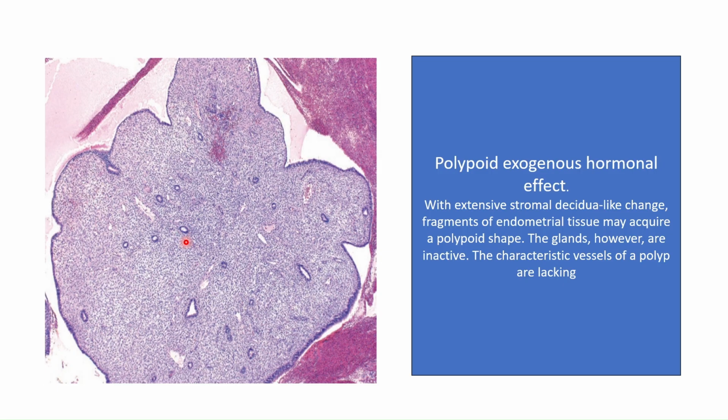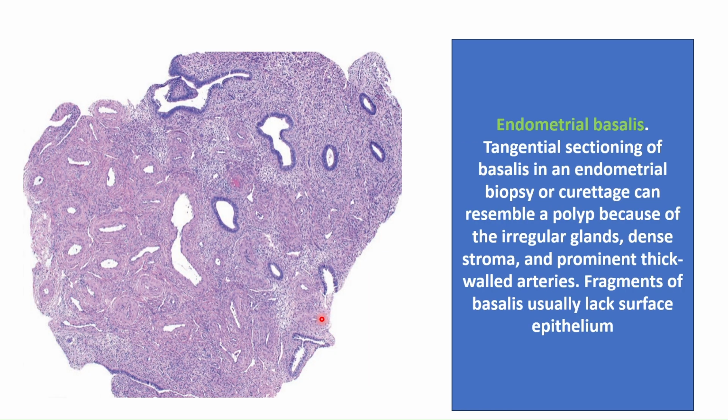This is a mimic of polyp, but here the characteristic thick-walled blood vessels of a polyp are lacking. So this is the polypoidal exogenous hormonal effect.